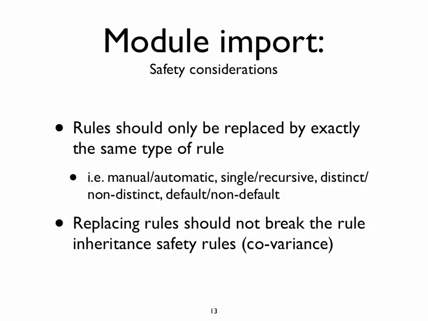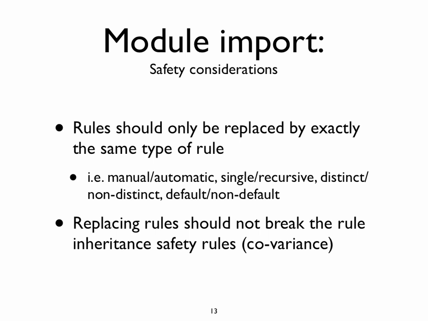For replacing fields and operations, we're pretty safe with regard to types because we store them by signature. So we only replace fields and operations with fields and operations with the exact same signature. For rules it's not the same because they're registered by name only.